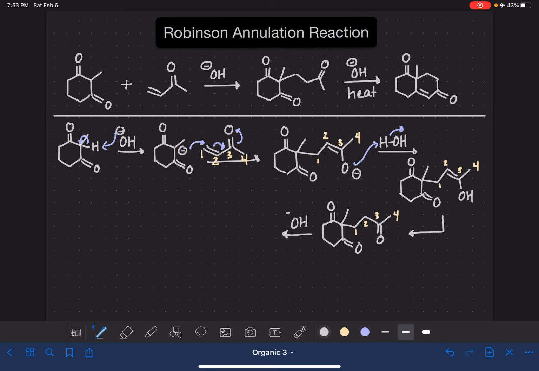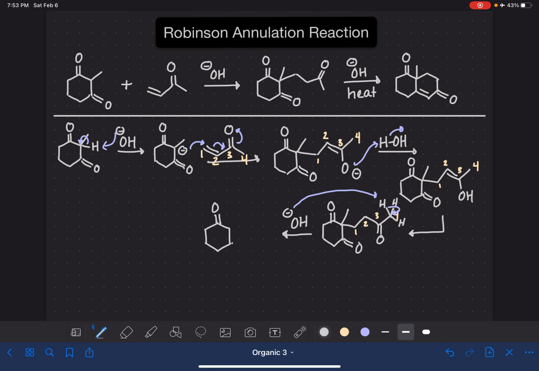So we're going to take that hydroxide and grab one of the hydrogen atoms off of carbon number 4. It's going to selectively go after these hydrogen atoms in that 4th carbon position, because if it instead took a hydrogen atom from this place, it would not be able to form the correct sized ring.